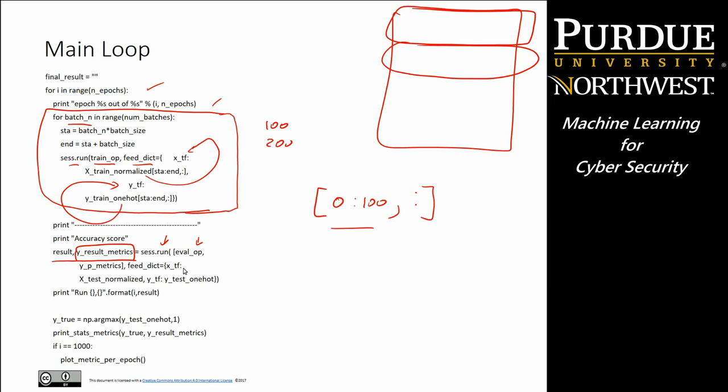I have a new technique now: when I do a session run, if I provide a list, I can run two nodes at the same time. Do you see that? Here, I'm running eval op, but I'm also running YP metrics. What was YP metrics?